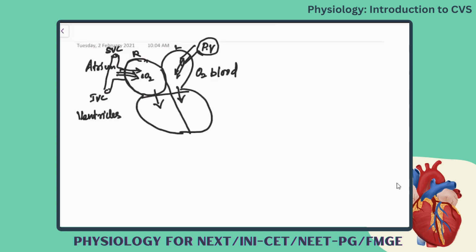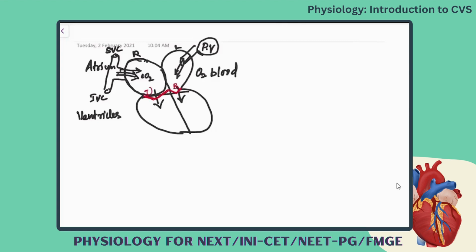Okay, so the right side of the lower chamber, you have a valvular mechanism over here. It is called as tricuspid valve, which is also called as... and what is the valvular mechanism which is present in the left side of the heart? Mitral valve, which is also called as bicuspid valve.